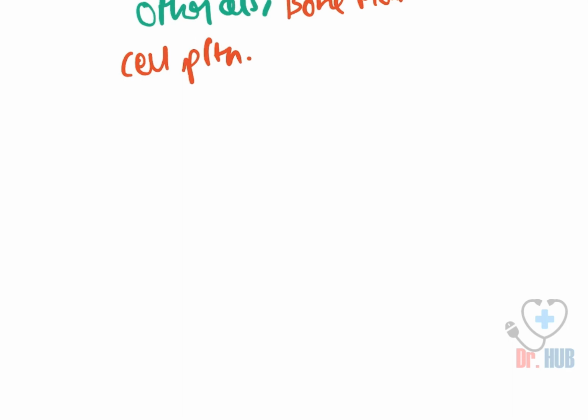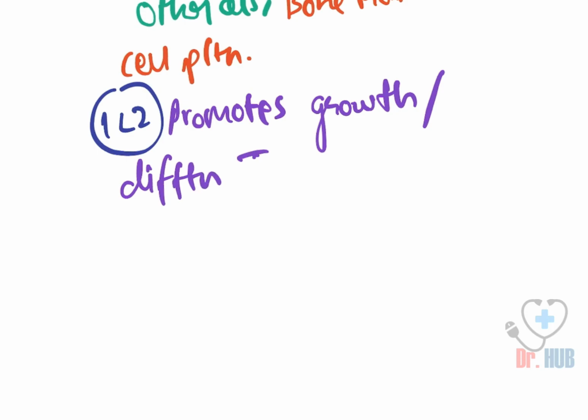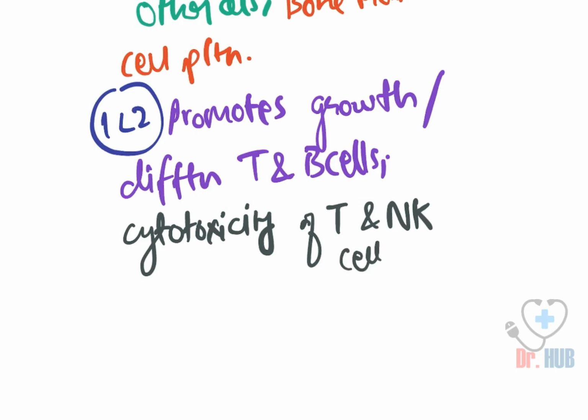Then we move on to IL-2. IL-2 is also a pro-inflammatory cytokine. What it does is it promotes the growth as well as the differentiation of the T and B cells, and post this, it also results in the cytotoxicity of the T and the NK cells.